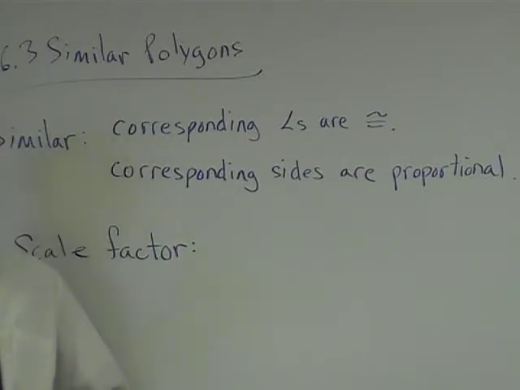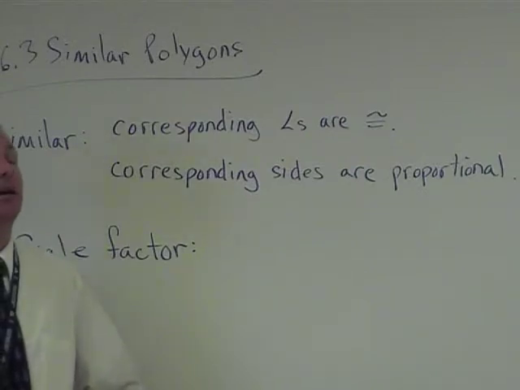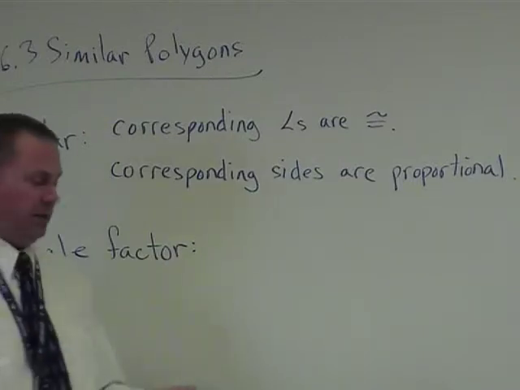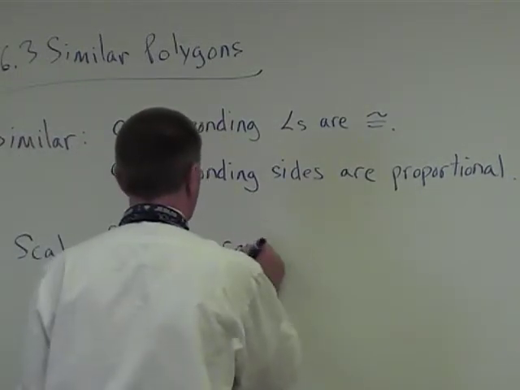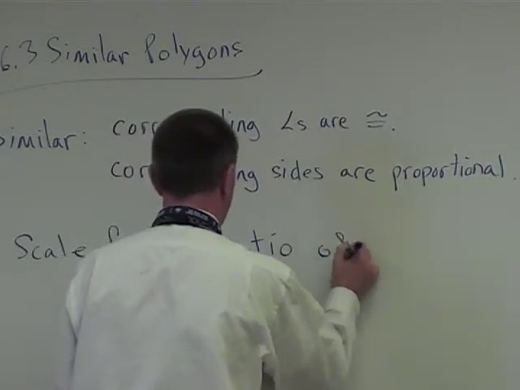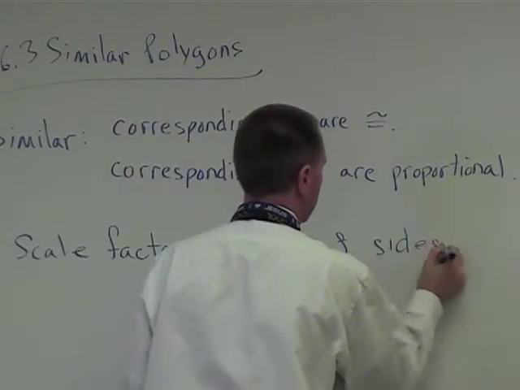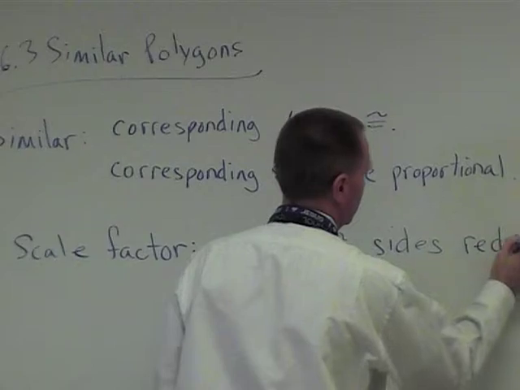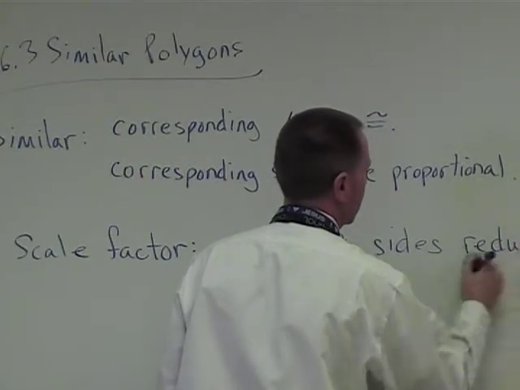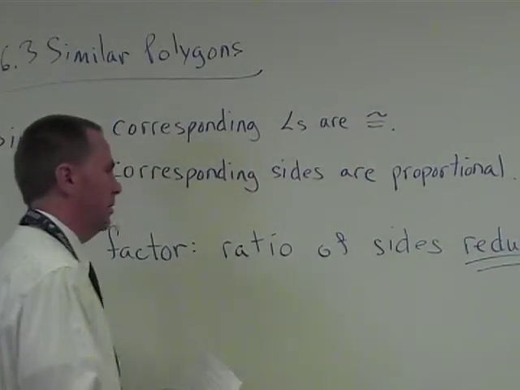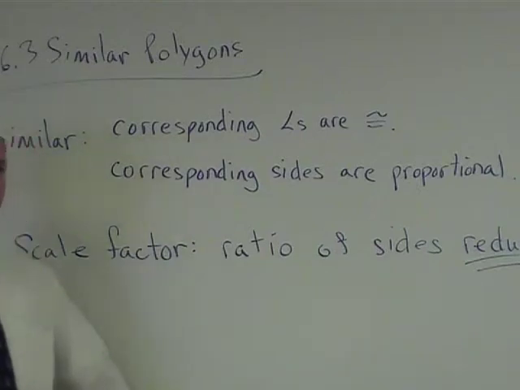Compass radius. Isn't it? 3 miles. Yeah, 1 inch is to 3 miles. That's a scale factor. It's in the key. Okay, excellent, good job. So basically it is a ratio of sides reduced. The ratio of the sides reduced. Basically.